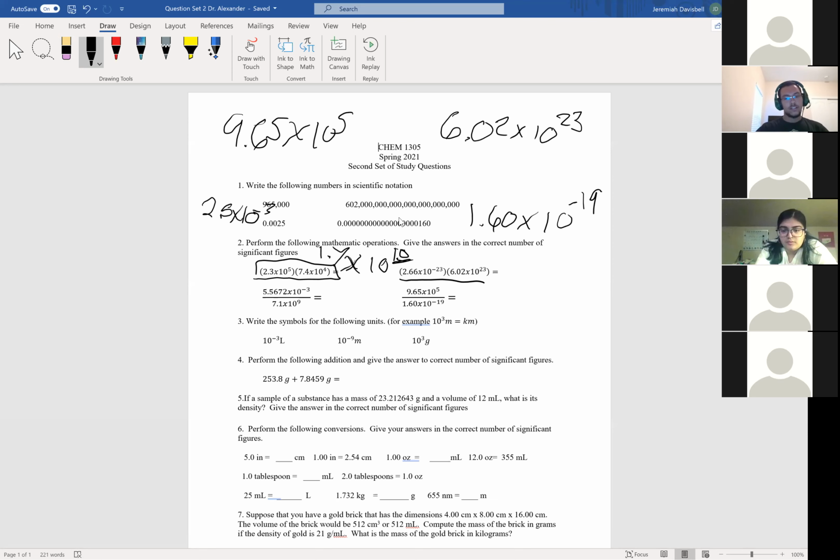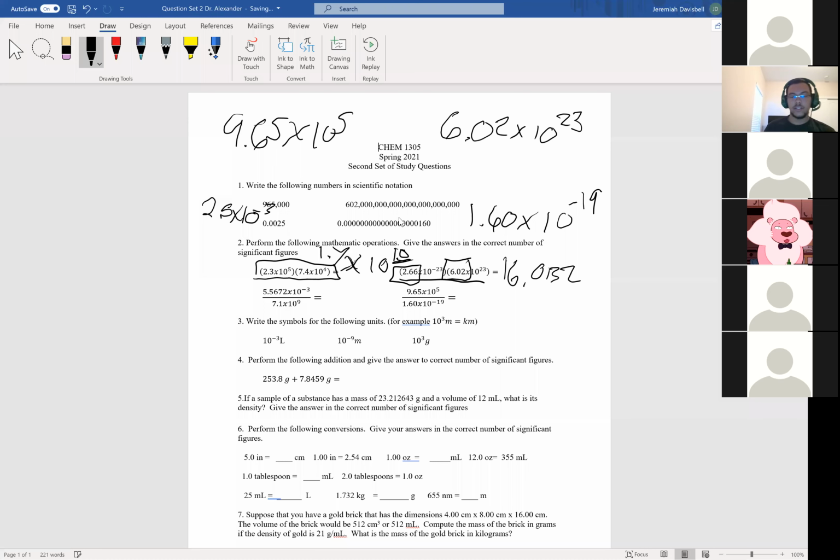The coefficient would be 16.0132 before doing anything to it. Yeah, before doing it, for the coefficient. So the coefficient is this part that's in front of the times 10 to the whatever. So that was 16 point what? 0132. Okay, so 16.0132.